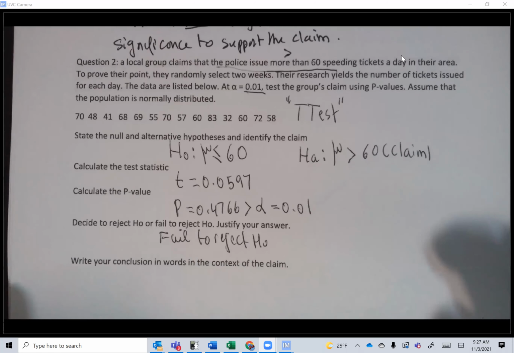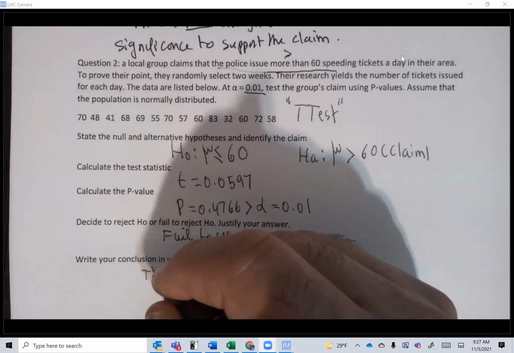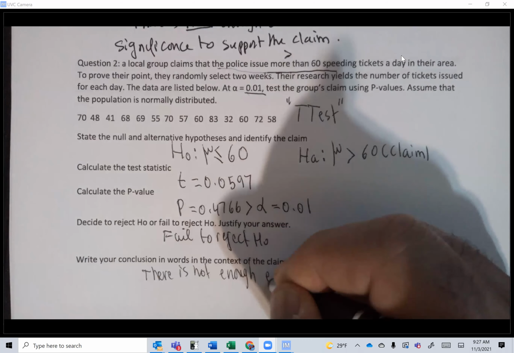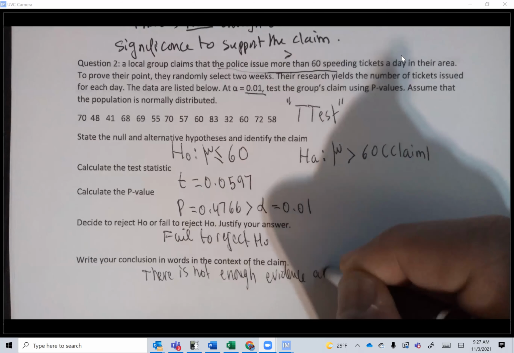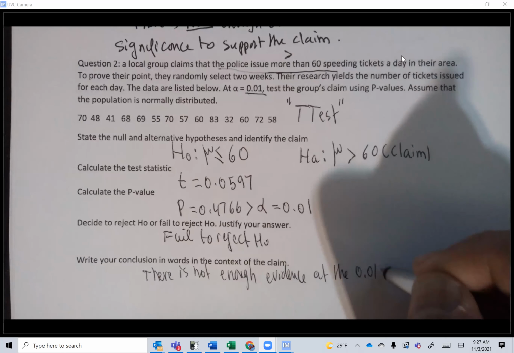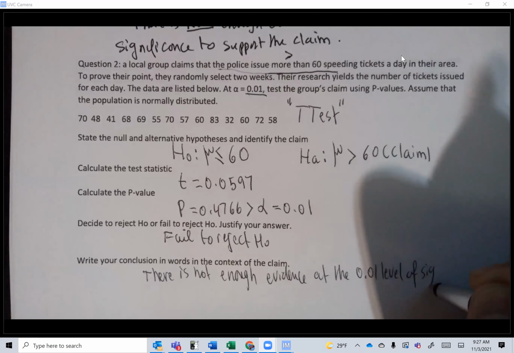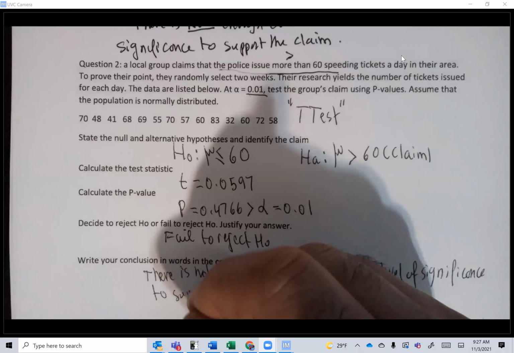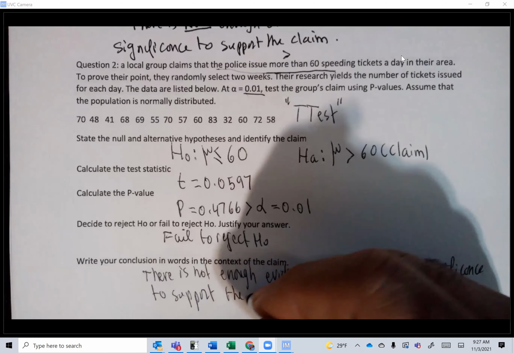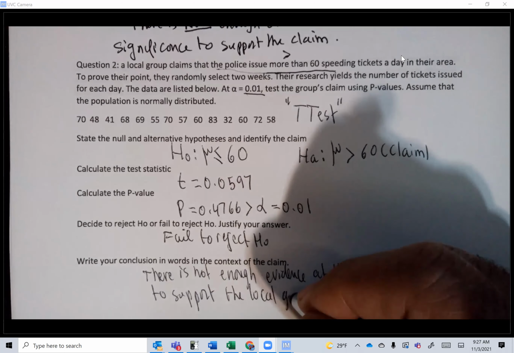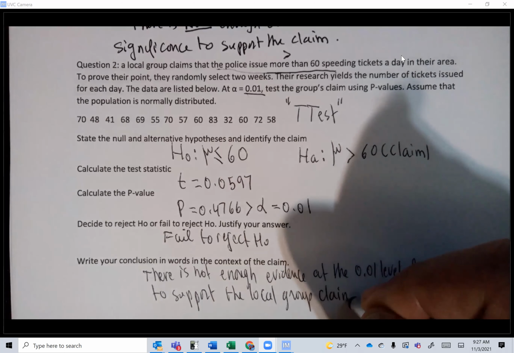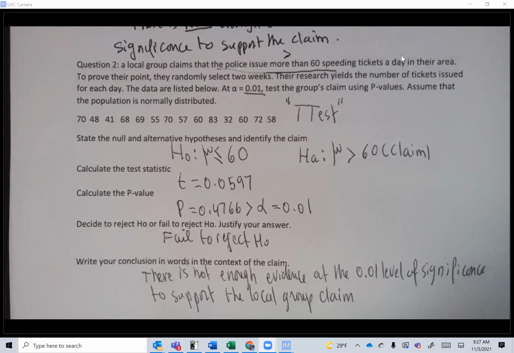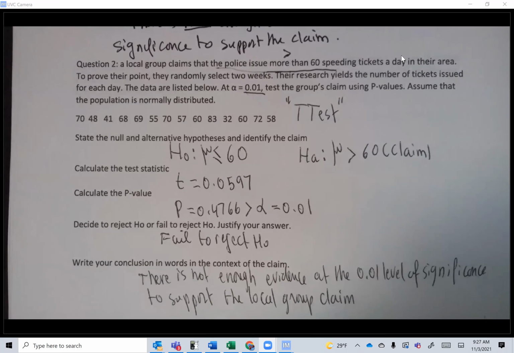So you say, there is not enough evidence at the 0.01 level of significance to support the local group claim that the police issue more than 60 tickets per day. That means their claim is not valid. They're making a wrong claim about the police department.